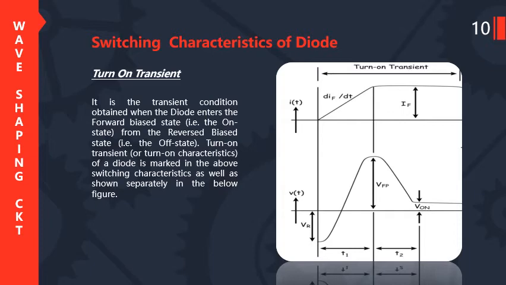When do we get this characteristic? When our diode starts or begins conduction. The turn on transient, or turn on characteristics of the diode, is marked in the above switching characteristics as well as separately in the figure. So this one is called the turn on characteristics of the diode. This is called the current waveform and this one is called the voltage waveform.